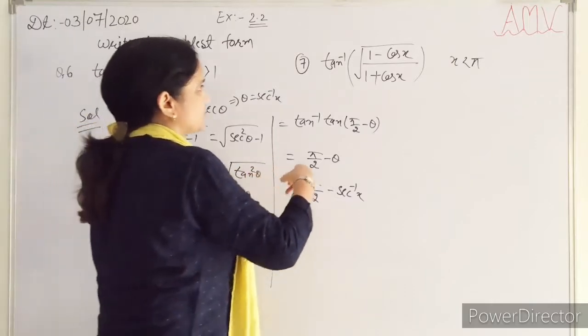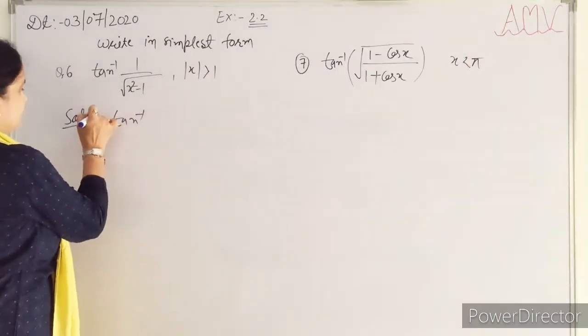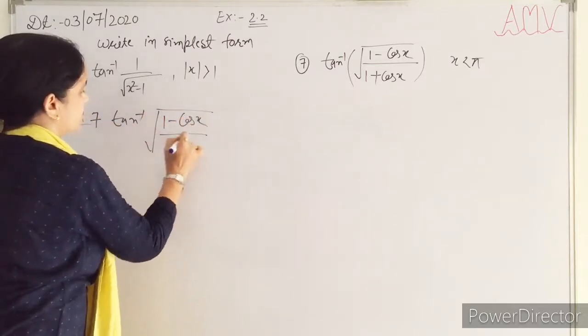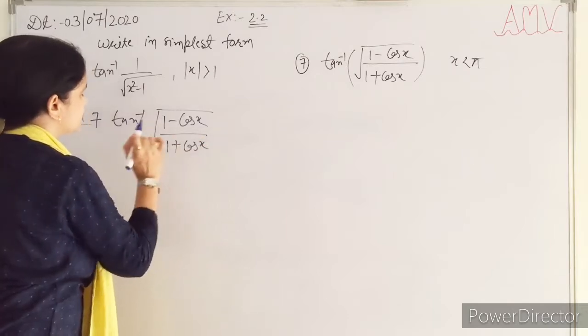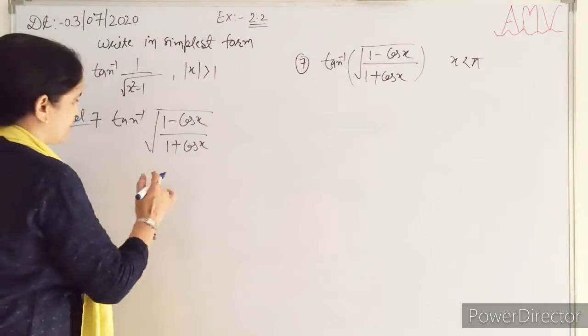Now the next question is tan inverse under root 1 minus cos x upon 1 plus cos x. For this type of question, students, we directly apply the formula.